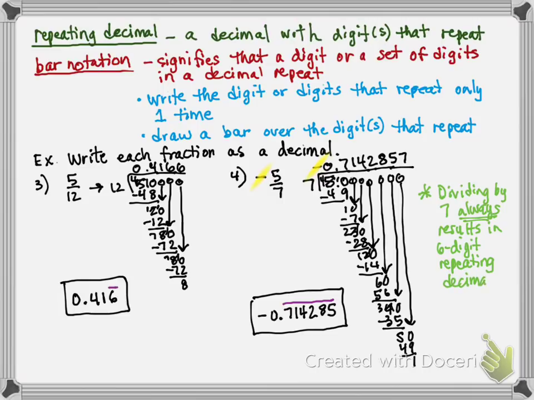So why do I tell you this? If you divide by 7, or if you divide by a number that has a 7 in it, it still could happen. Just know that you have to go 6 rounds of division before you're going to see the repeat start. Okay?